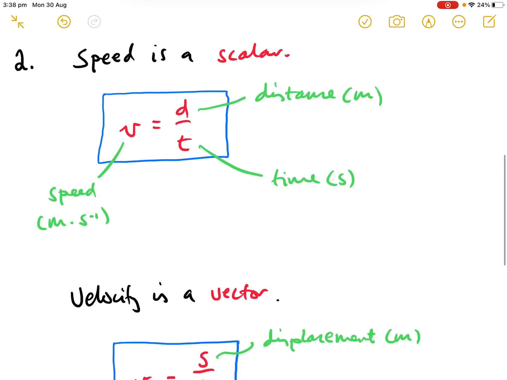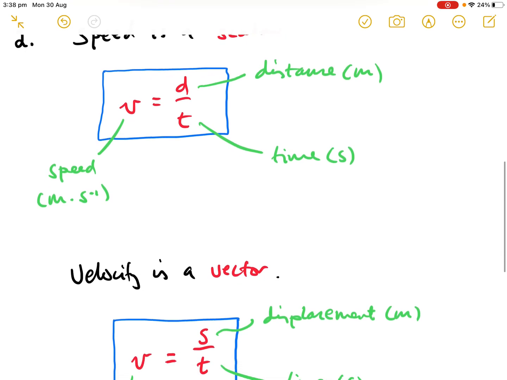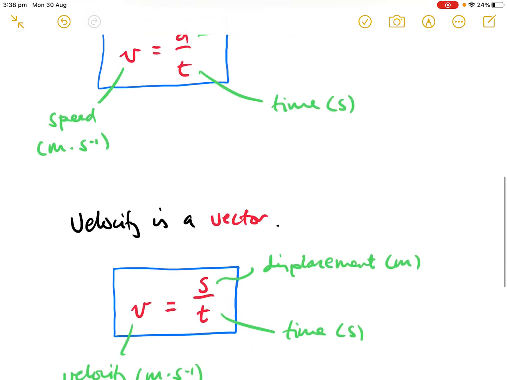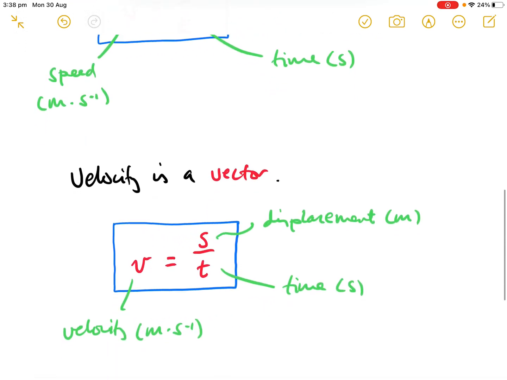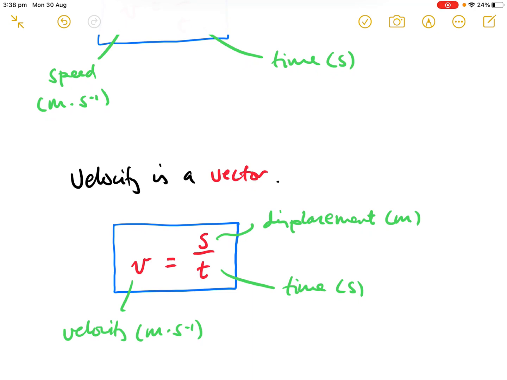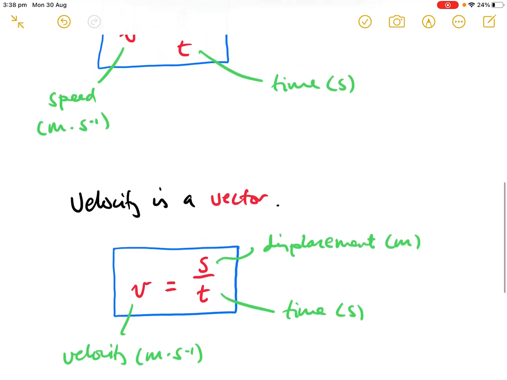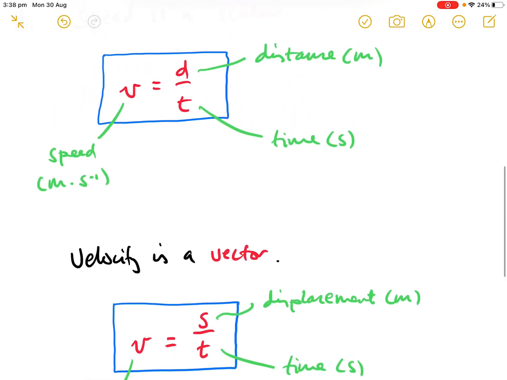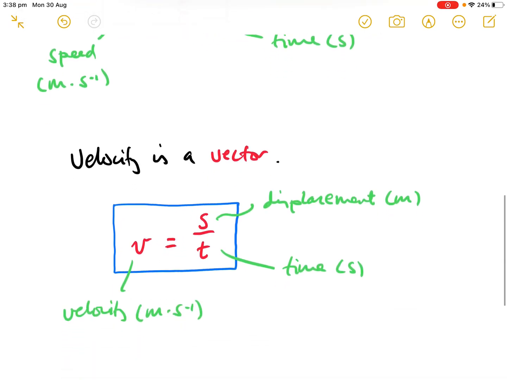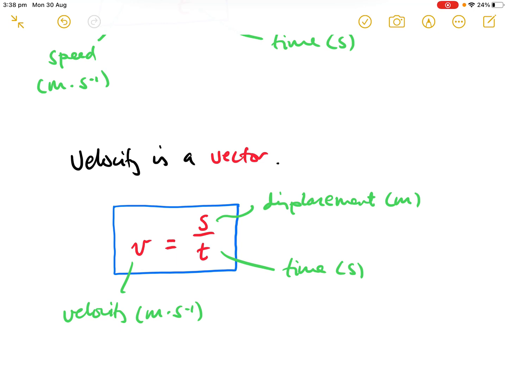Compare speed with velocity. Velocity, of course, is a vector quantity. And when you define velocity as an equation, it becomes v is s over t. So notice speed is distance d over time, but velocity is displacement over time.